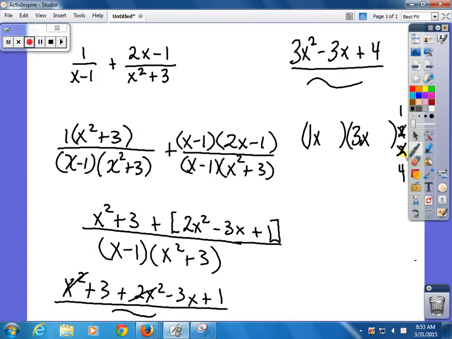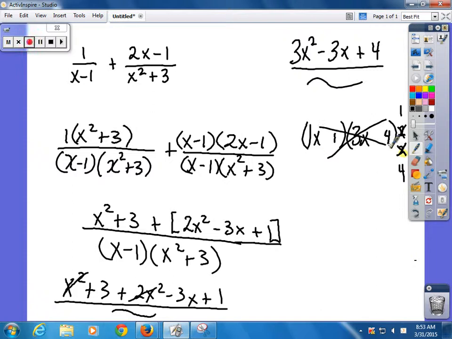I'm not even going to put a 4 there because that's going to give you 7, or 4 times 3 is 12, that ain't going to work. So I'm going to put the 4 here and the 1 here. 4 and 3. Will 4 and 3 ever give you a 3? No. So you can't factor it.